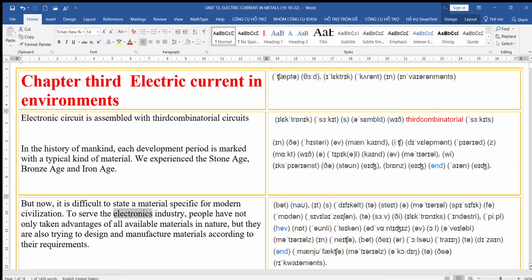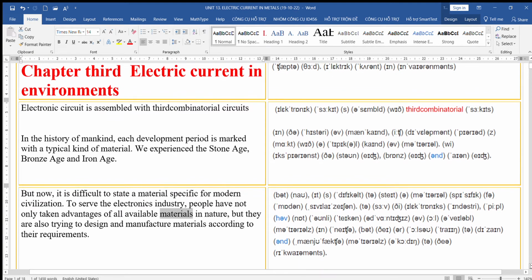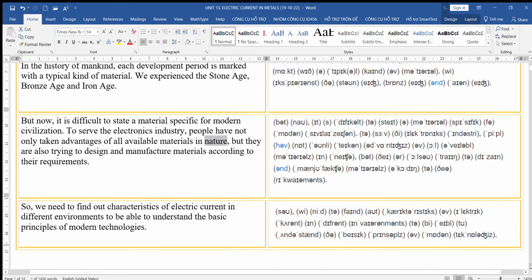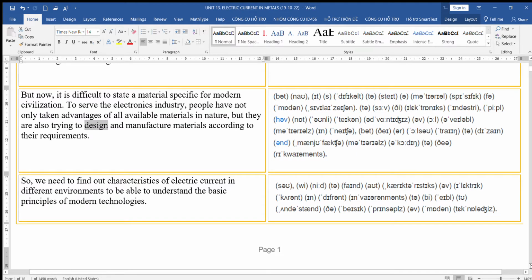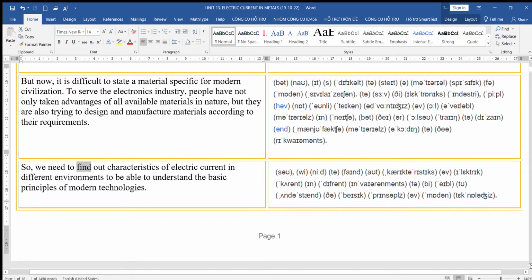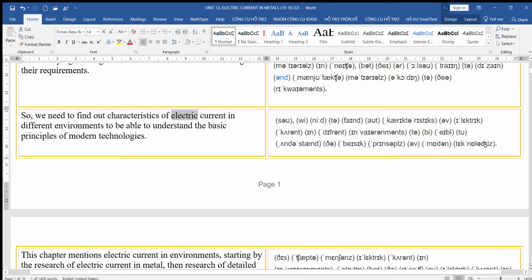To serve the electronics industry, people have not only taken advantage of all available materials in nature, but they are also trying to design and manufacture materials according to their requirements. So, we need to find out the characteristics of electric current in different environments to be able to understand the basic principles of modern technologies.